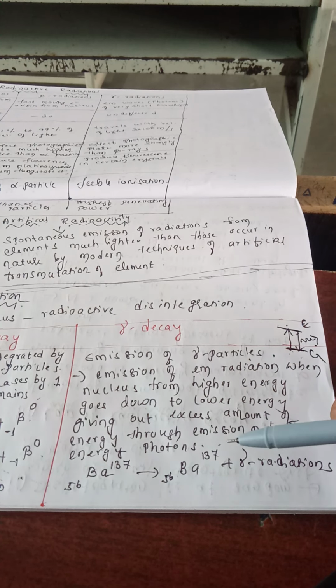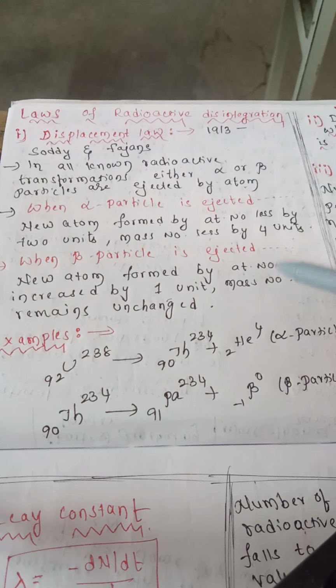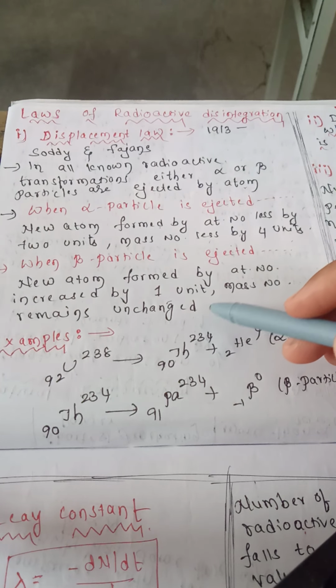In all radioactive transformations, either alpha or beta particles are ejected by the atom. If an alpha particle is ejected, the atomic number reduces by 2 units and the mass number reduces by 4 units. If a beta particle is ejected, the atomic number is increased by 1 unit and the mass number remains unchanged.